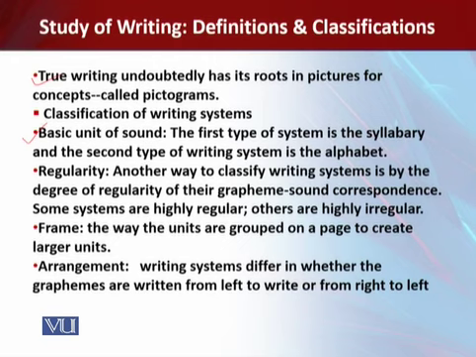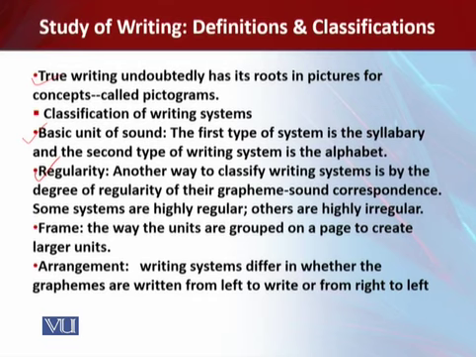Then we have regularity. Under regularity, we see that regularity is considered to be another way to classify writing systems, and that is by the degree of regularity of their grapheme sound correspondence. Some systems are highly regular, others are highly irregular.